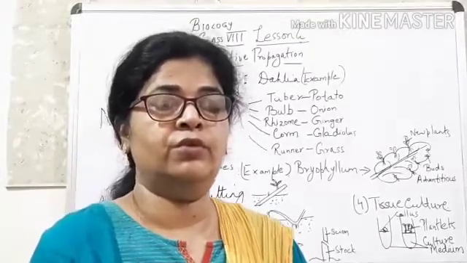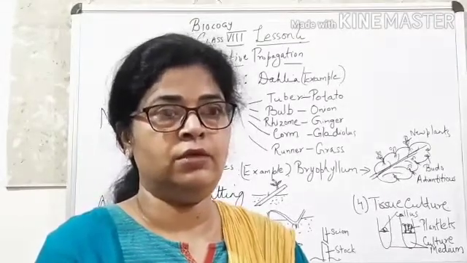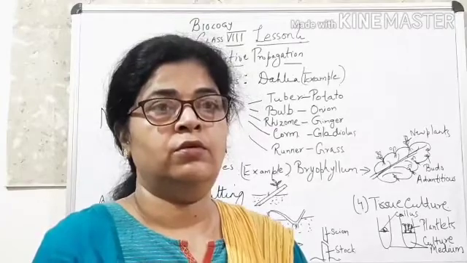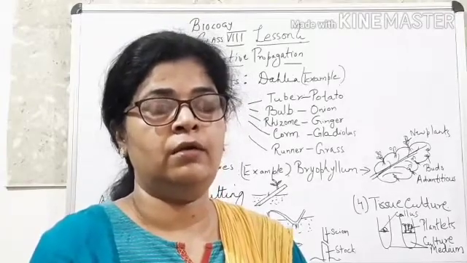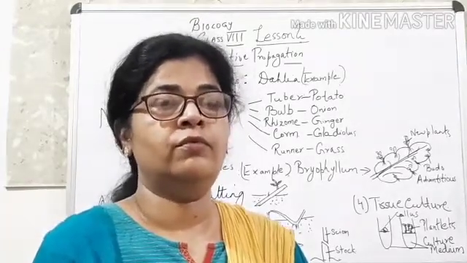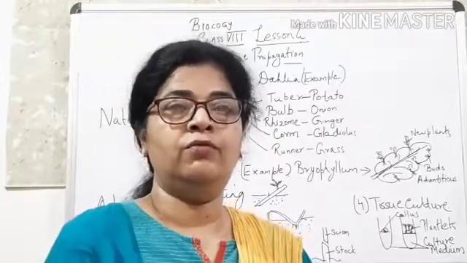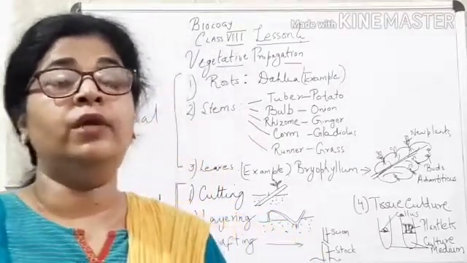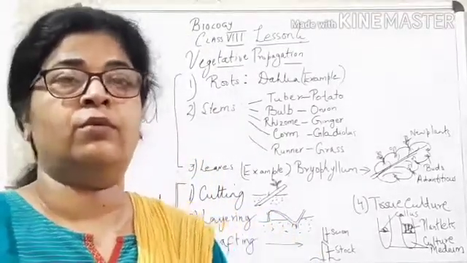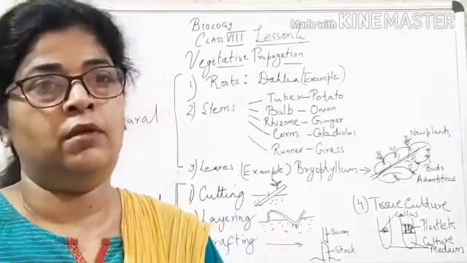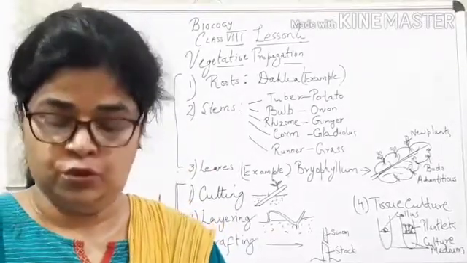There is no need to wait for pollination, fertilization, growth of flowers. Quickly from any part of the plant, root, stem or leaf, new plants can be formed. So rapidly we can have lots of plants from simple cuttings or tissue.